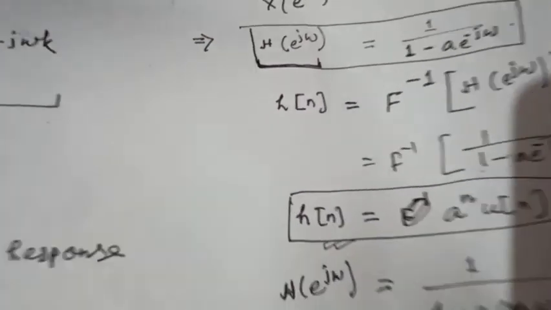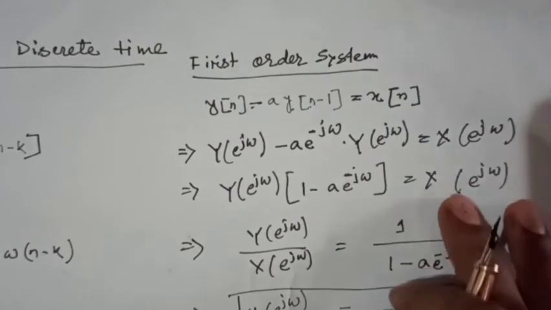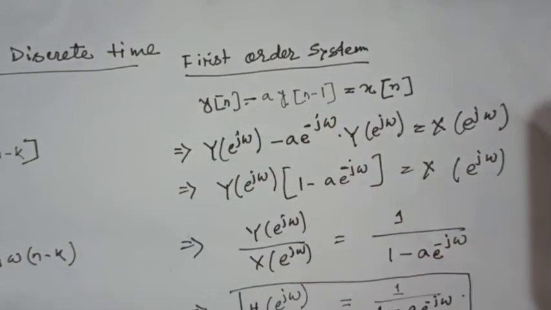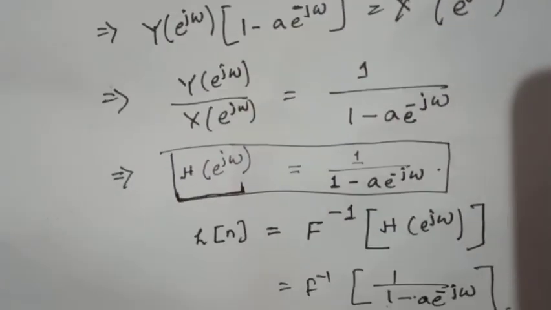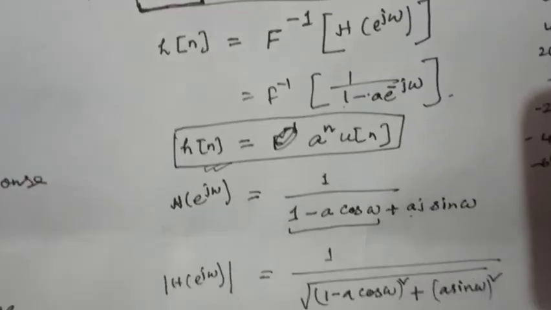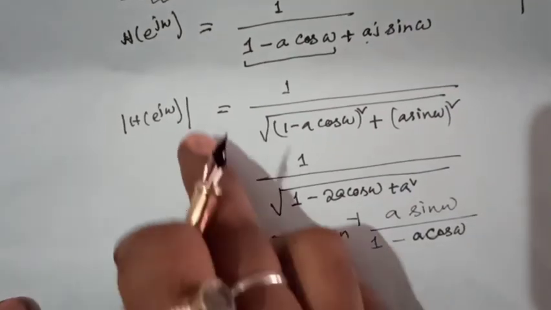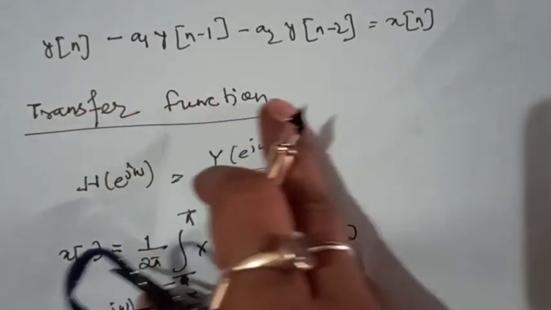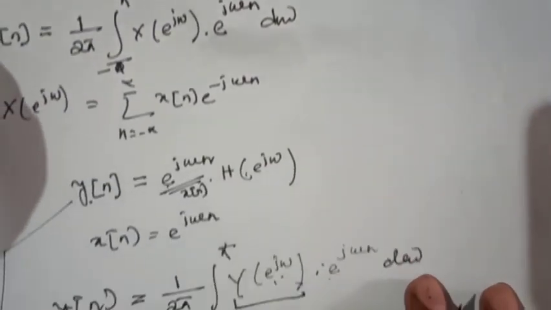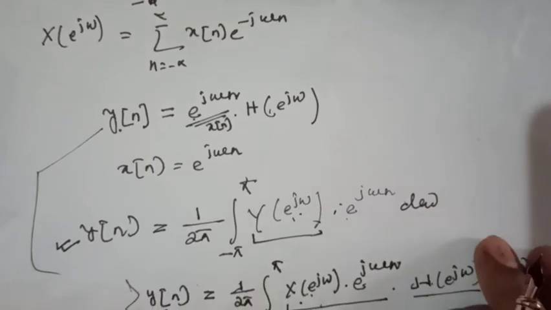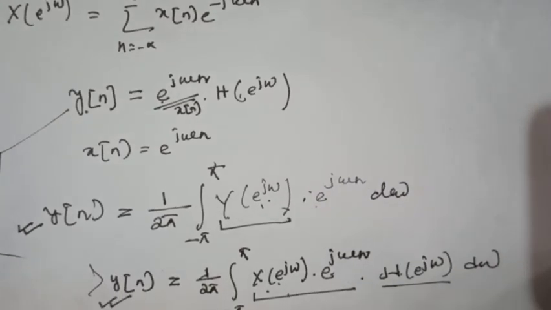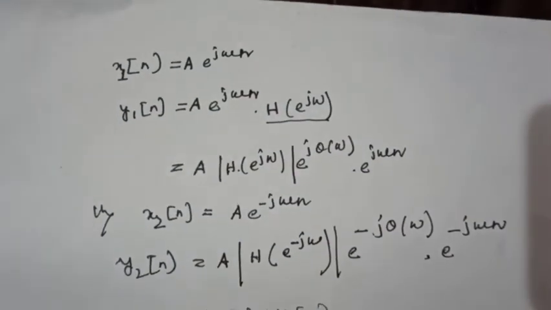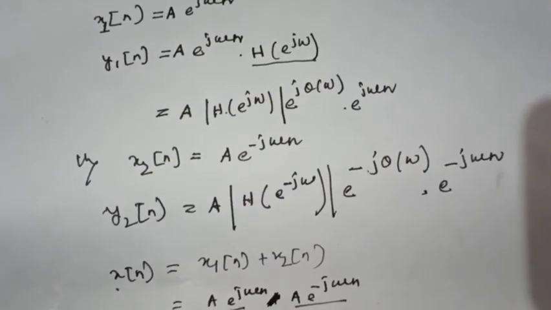Then we analyzed a first order system, the frequency response of both magnitude and phase. Then we analyzed the transfer function of an LTI system in terms of the frequency response. Then finally we covered the group delay and the phase delay.